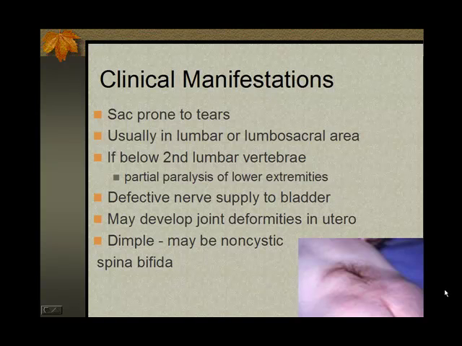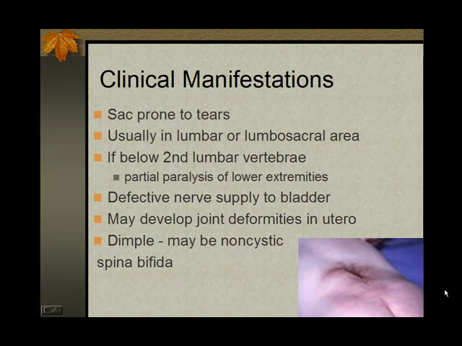There's nothing, no meninges protruding out, but there's this dimple in. So clinical manifestations, what do we see? That sac is very delicate, and we want to try and prevent tears to it. We've just opened up the CSF to allow bacteria in if that sac does tear, so we want to minimize or prevent tears to it. These are usually lumbar or lumbosacral. They can be higher up, but most common would be lumbar. And realize if we're talking below the second lumbar vertebrae, you're going to have paralysis of the lower extremities at that point.